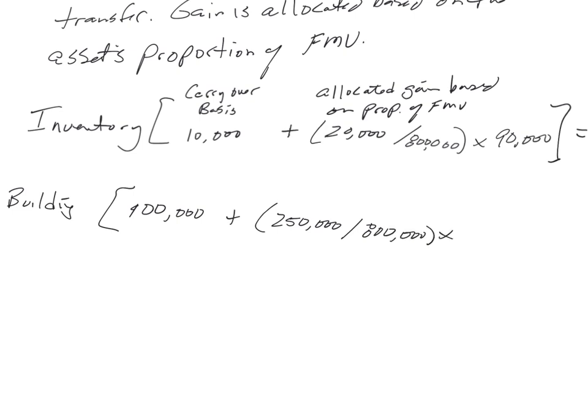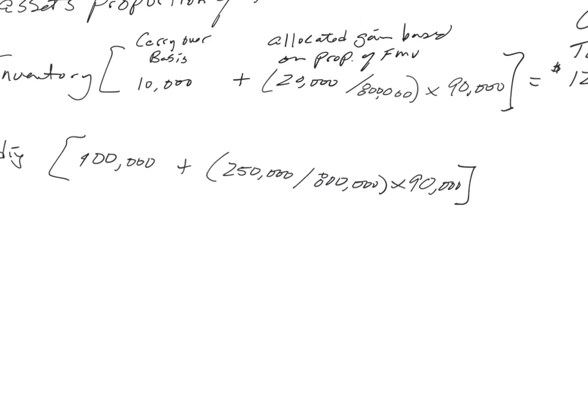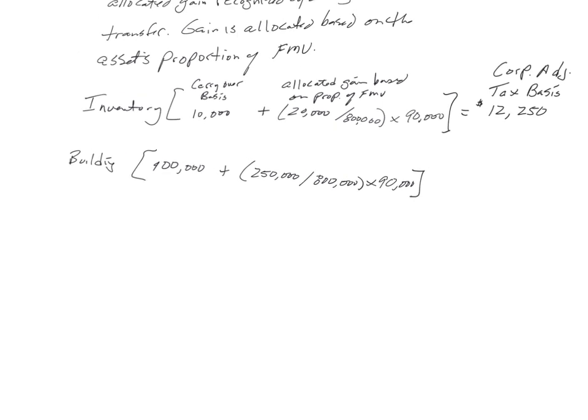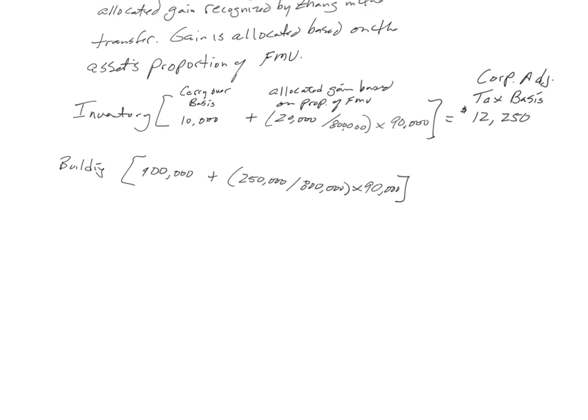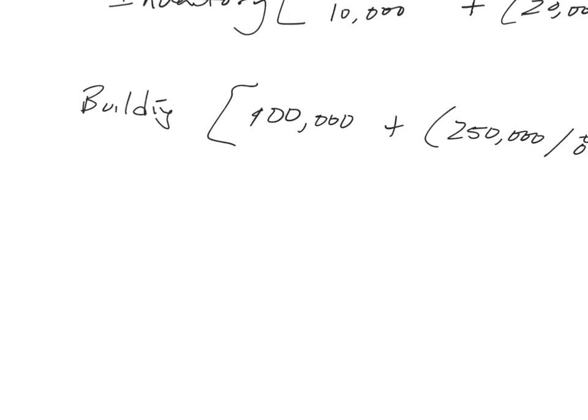So it's very formulaic here. All right. So we've got a proportion all set up. Here, I'll squeeze this down so you can see the whole proportion. Okay. And now we've got to do the math on that. And so our adjusted tax basis for the building turns out to be $128,125.